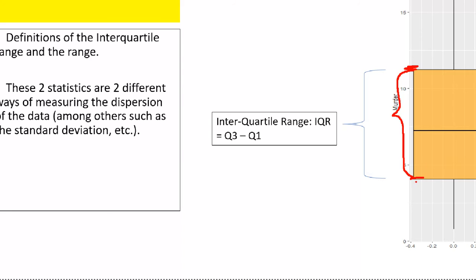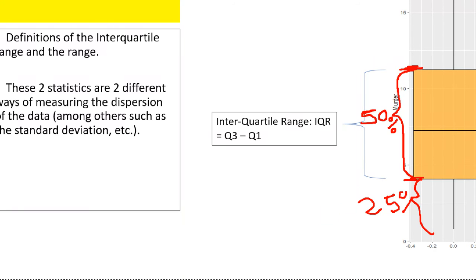The length from Q1 to Q3 is called the interquartile range, okay? Q3 minus Q1. So you have 50% of the states of your participants that have values between Q1 here and Q3 here. So you have 25% below Q1.